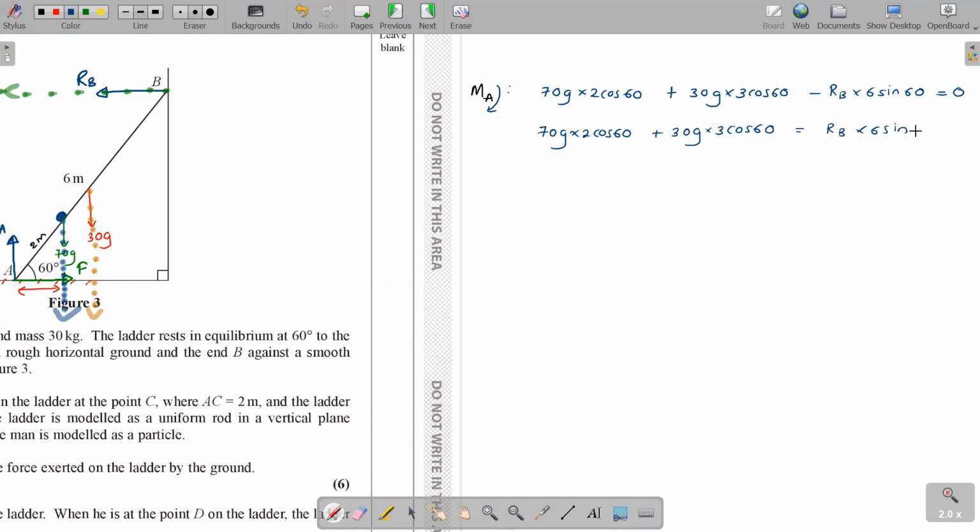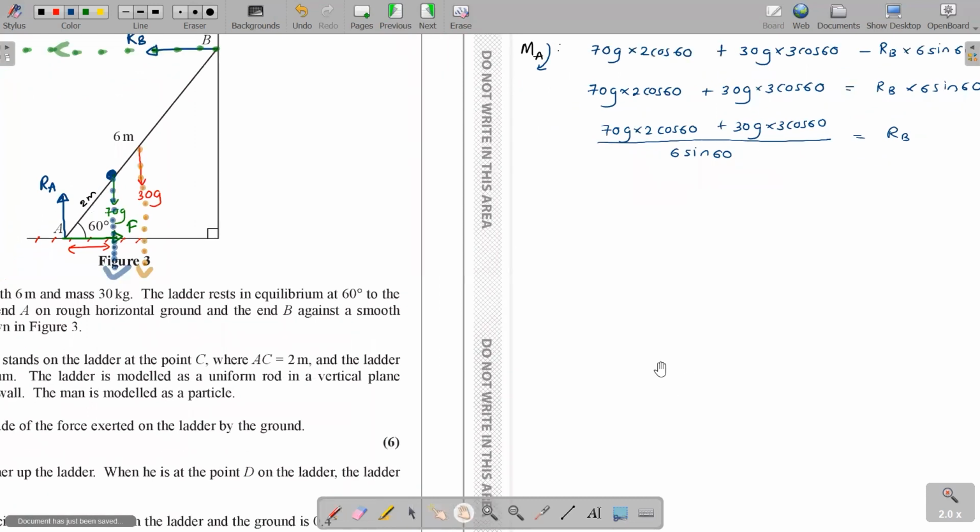So I'll take the normal reaction B into 6 sine 60 to the other side as a positive, and then we'll take this as a division. How much is it? Type everything in the calculator.